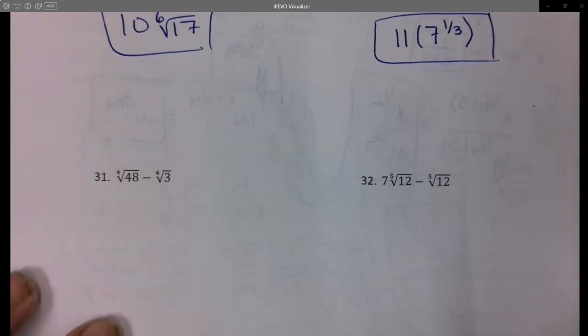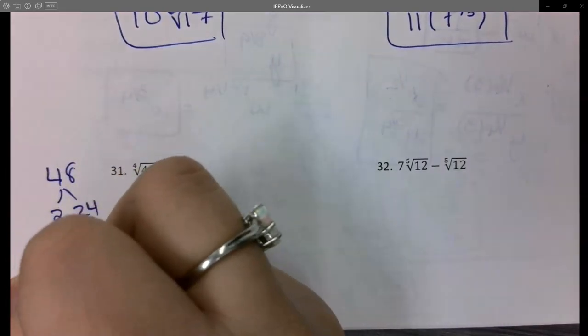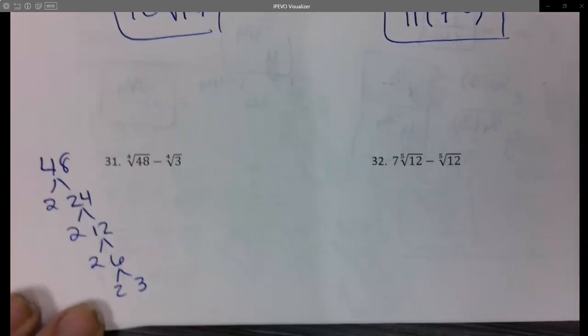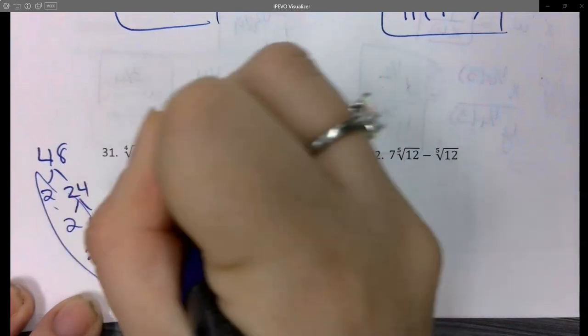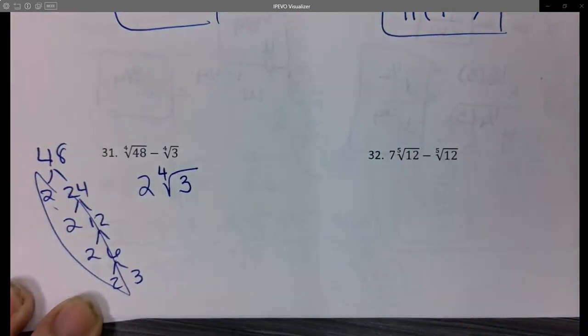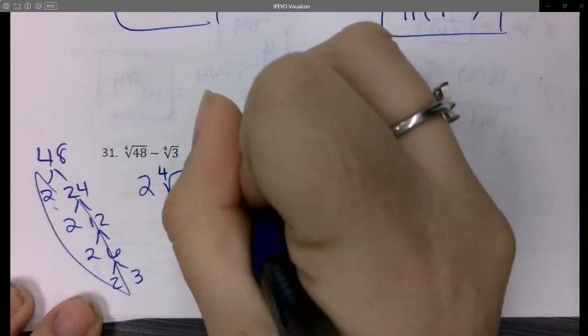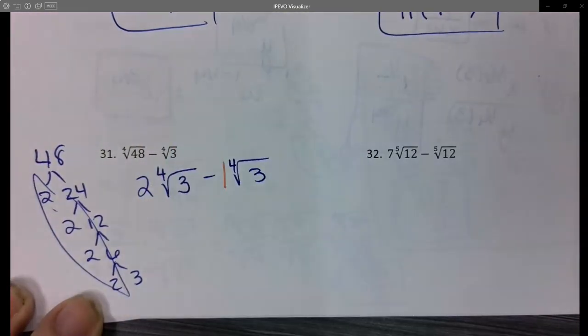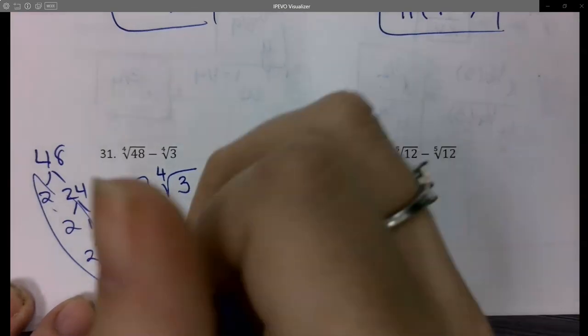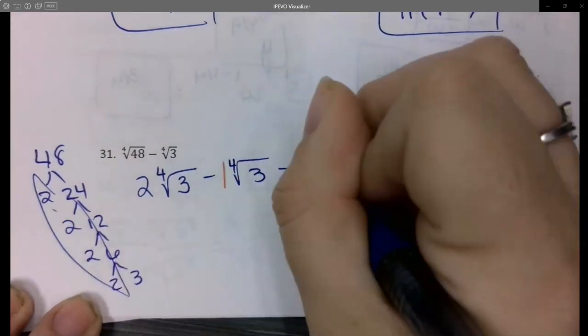Number 31, I want to factor tree 48 first. So I get 2 and 24, 2 and 12, 2 and 6, 2 and 3. I'm looking for 4 of the same number. I have 4 2s. So I have 2 on the outside, 3 on the inside, and then I'm subtracting a 4th root of 3, which, remember, has a secret 1 up front. 2 minus 1 is 1.